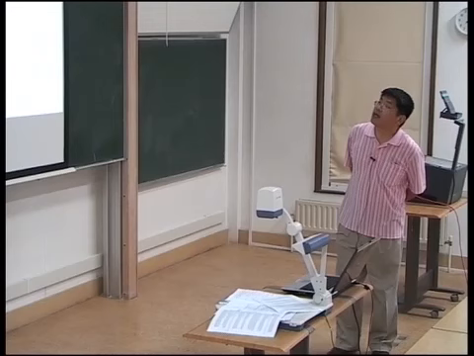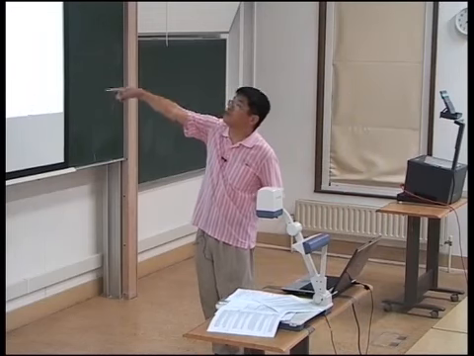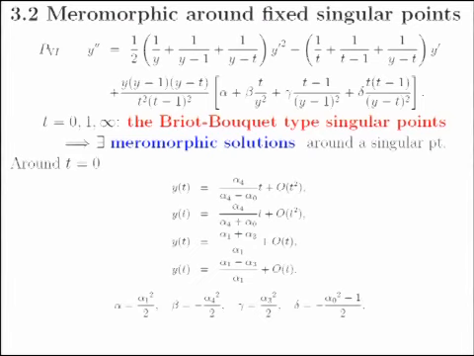And around t equals 0, we have meromorphic solutions. This is the initial value. And alpha j corresponds to the parameters alpha, beta, gamma, delta, so it's related to the local exponents of linear equations.